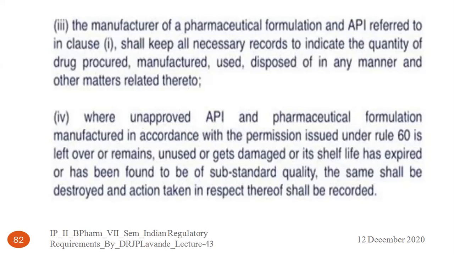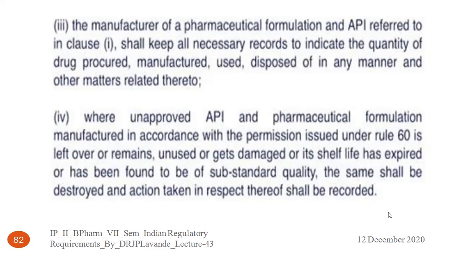Where unapproved API and pharmaceutical formulation manufactured in accordance with the permission issued under Rule 60 is left over or remains unused or gets damaged, or its shelf life has expired or has been found to be of substandard quality, the same shall be destroyed and the action taken in respect thereof shall be recorded.